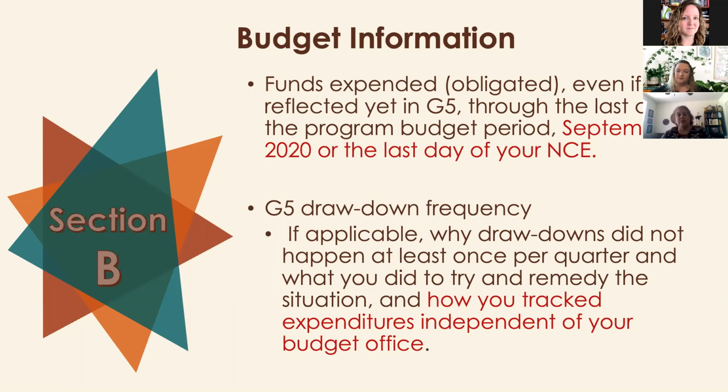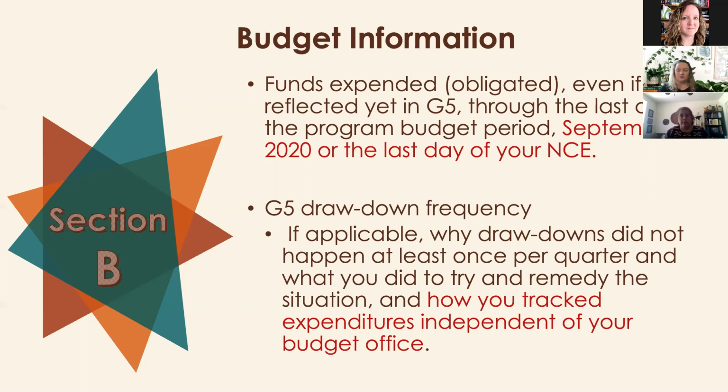And something to also remind you about with the G5, you could talk about drawdowns. I know, like I said, a lot of you had problems maybe getting off the ground, and your drawdowns did not happen as they should, once per quarter. This is what we like to see. And why, and how did you fix that? Was your budget cut because of large carryover issues?